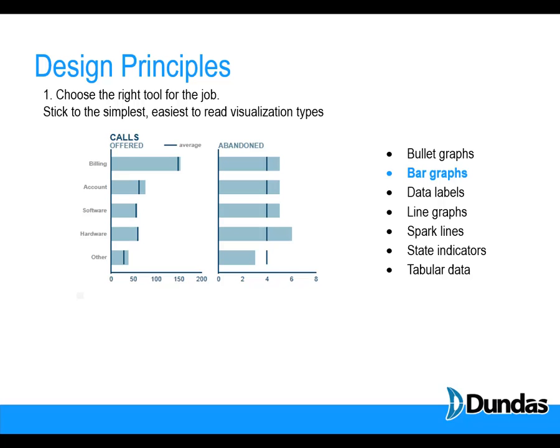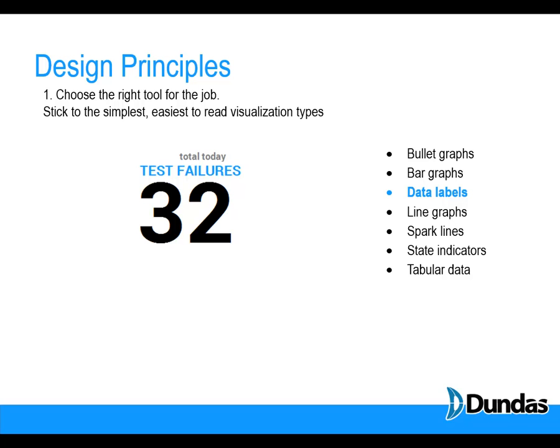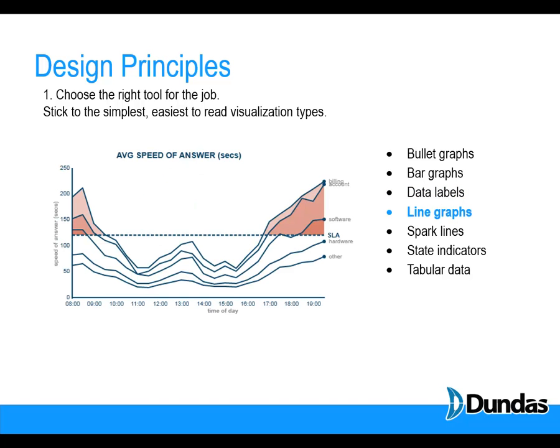So in this case, we have 5 different categories of call that are coming in. It's easy for me to see which one is the most voluminous, which one is the least. Data labels, as I said, there's nothing easier to read than a number, but when I talk about context, I'll explain how sometimes numbers can be dangerous in isolation.